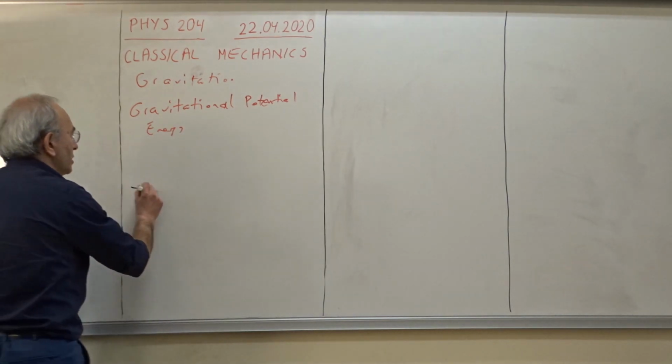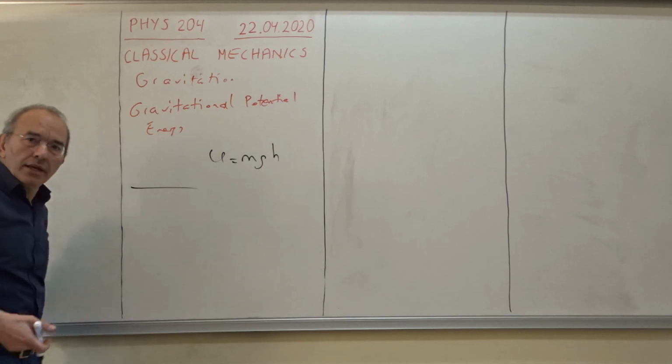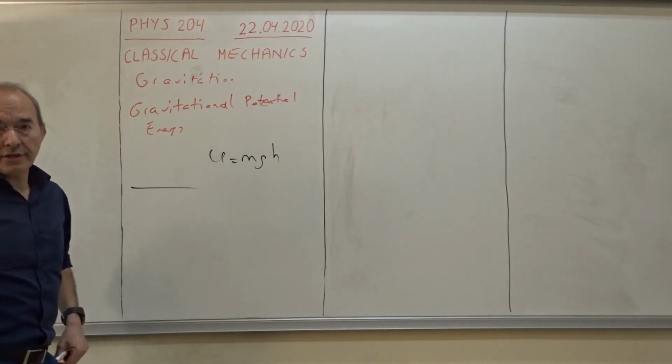Potential energy is mass times gravitational acceleration times the height with respect to a certain reference frame.